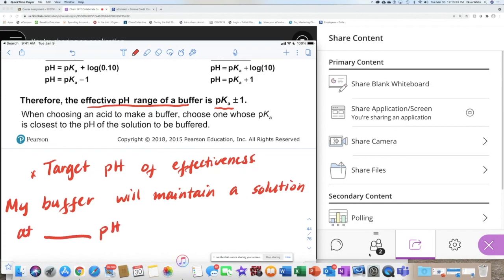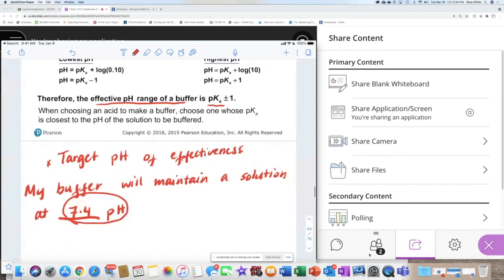So you're saying once I make this buffer, I will market my buffer as the best buffer ever, and it will maintain the solution at a pH of, I don't know, 7.4. So if that's your target pH, you have to pick the right ingredients to make a buffer that will maintain a solution at this pH, regardless of what changes take place in that solution. So they're telling you here how to grab the right buffer off the shelf.